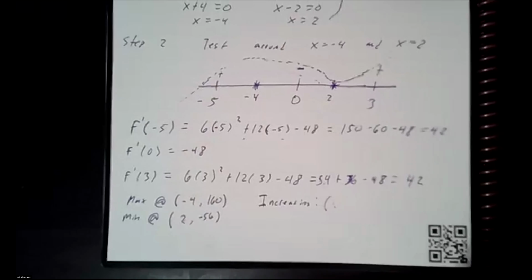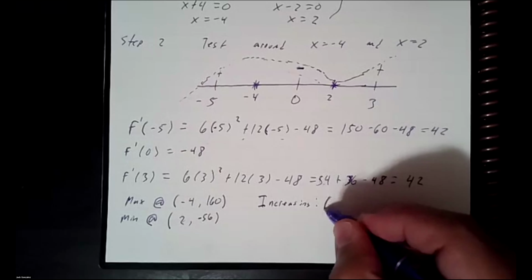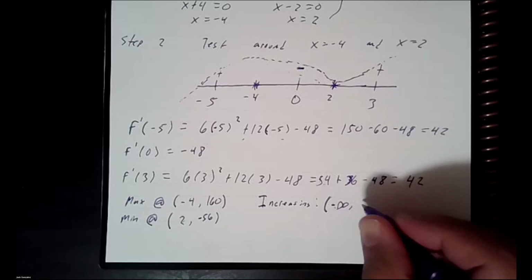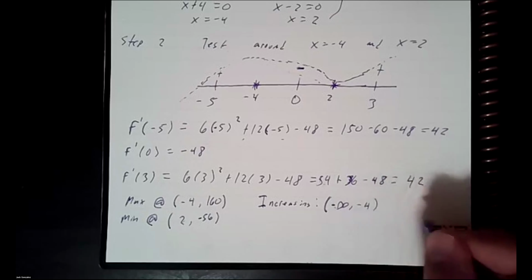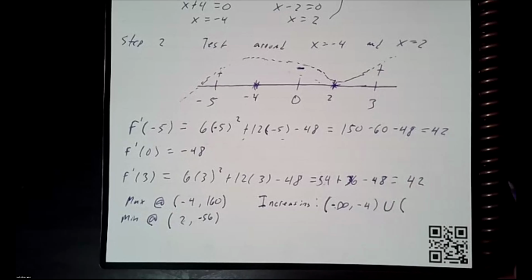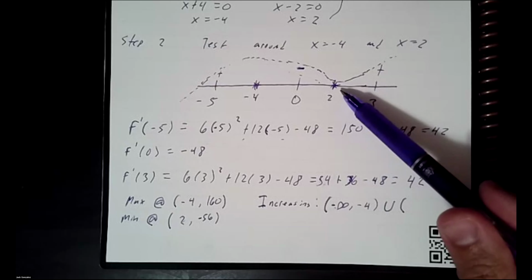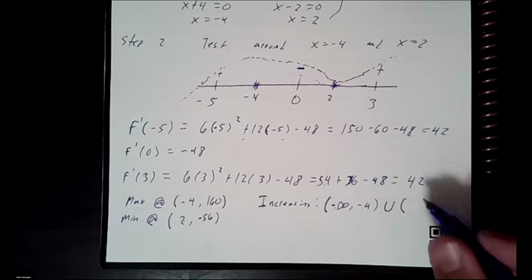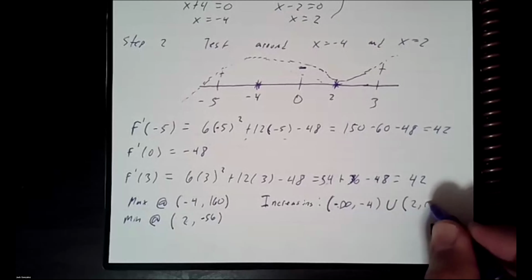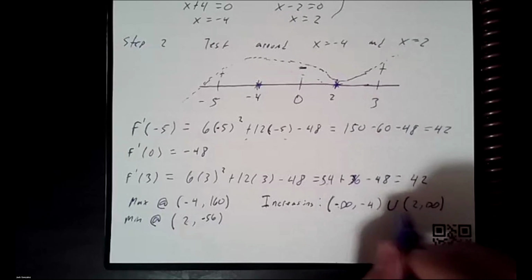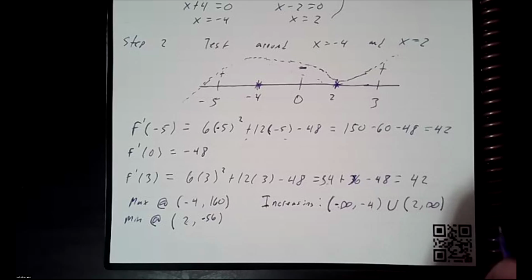So we'll have negative infinity all the way until -4. Then we start increasing again somewhere else, right? Y'all see over here after 2. So these are the two intervals, with a union symbol, where we are increasing.